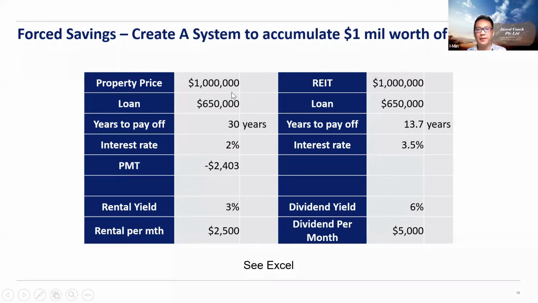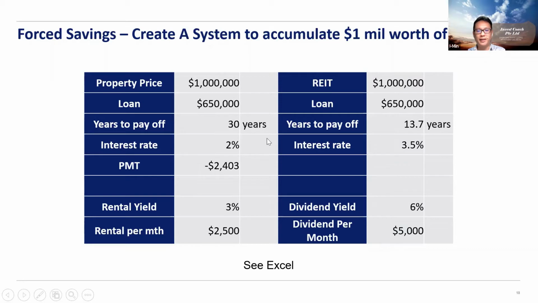So let's say, for example, there's this property of about $1 million. You put in $350,000, and then you borrow 650. You borrow for, let's say, 30 years, and the interest rate, let's say, is 2%. Of course, now it's lower.